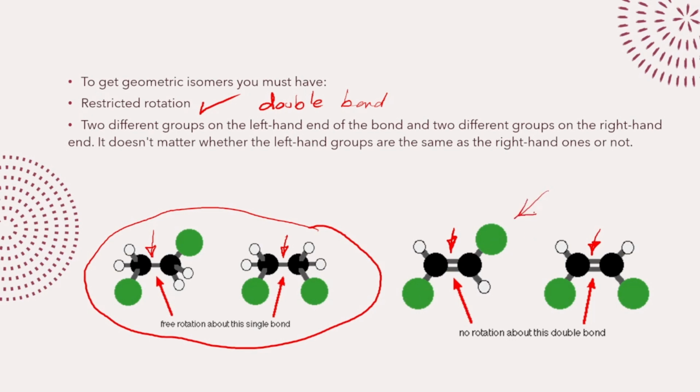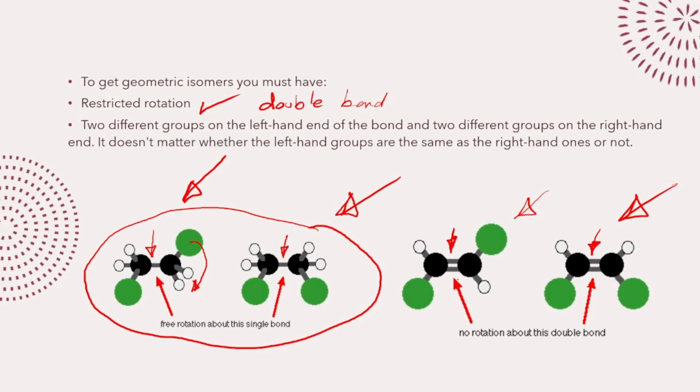So this compound is not the same as that one. The compound with single bonds is the same as this compound, because the groups are changing their location all the time. This carbon is rotating all the time, so this can be down here at a specific moment, and both compounds are the same.